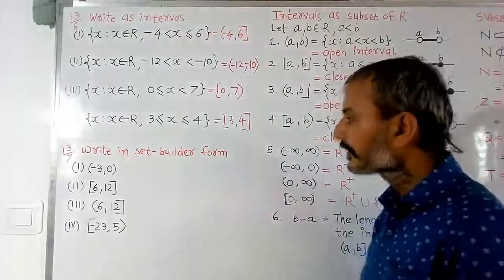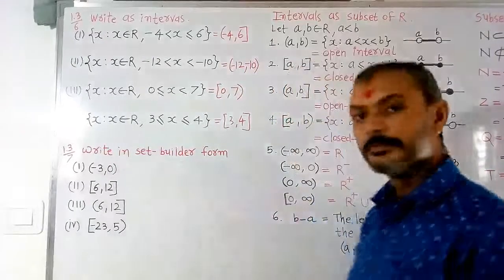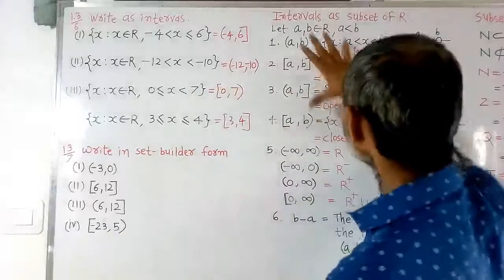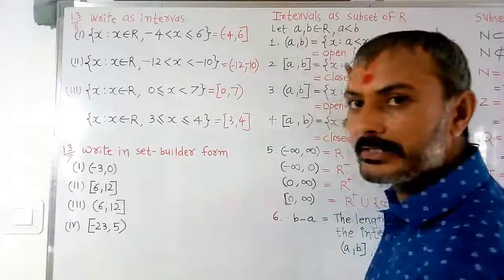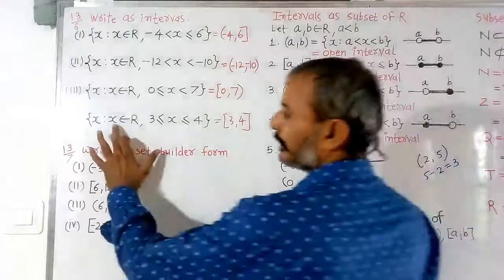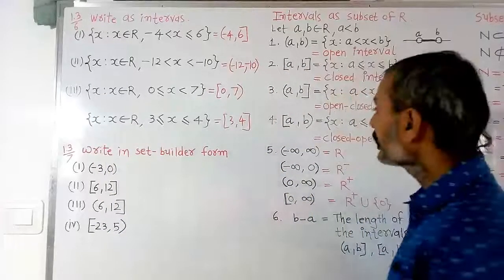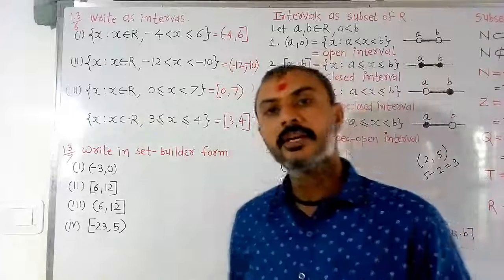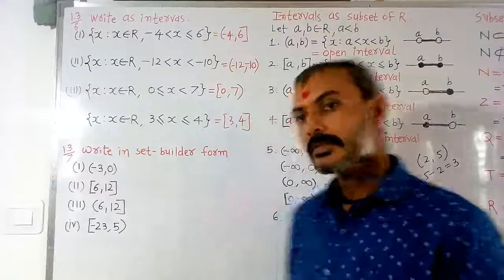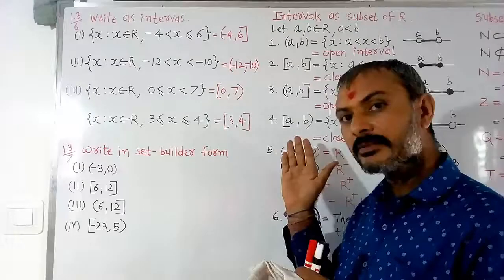Next, write the following intervals in set builder form. Now, intervals are given, and we have to write them in set builder form. But when we write set builder form, we have to indicate x belongs to R. Why? Because these intervals are infinite intervals. How many elements are in this interval, you know?